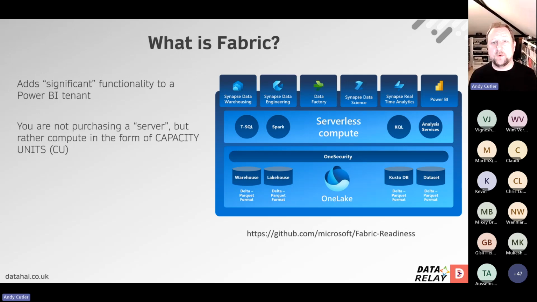Still gives you all of the functionality that's available within Fabric, but you've still got some of those licensing constraints in terms of distributing content to free users, where you're going to need to be on that F64, that P1.